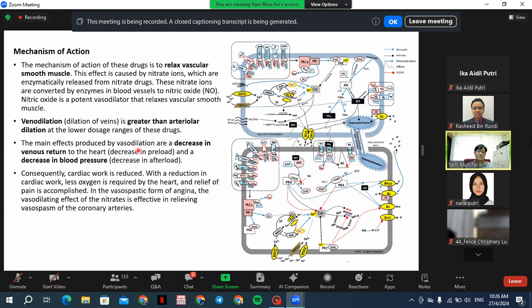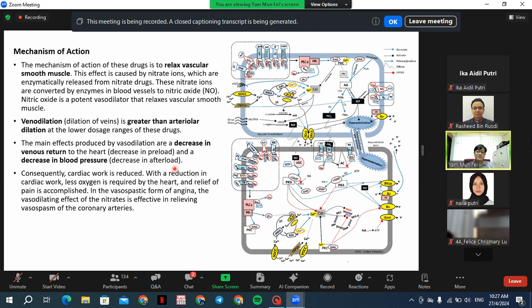We have two types of loading. One is preload, one is afterload. Afterload means the conditions after your heart, meaning after pumping out. Preload is before blood enters your heart. So this route is able to decrease afterload and decrease preload.